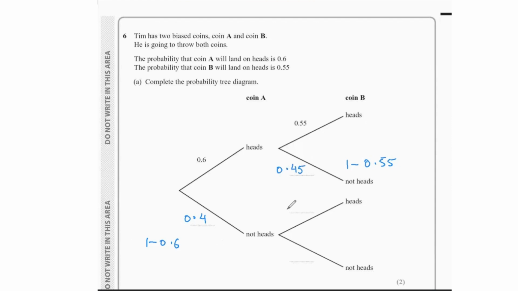This will be repeated over here because the probability is not changing for coin B for heads and not heads. So 0.55, 0.45. Tim throws coin A once and he throws coin B once. Work out the probability that both coins land on heads.